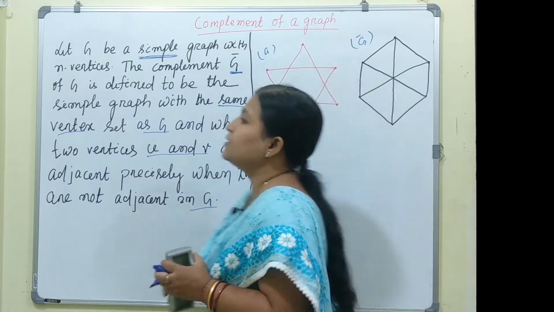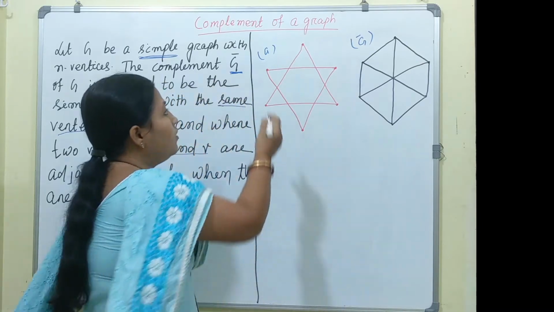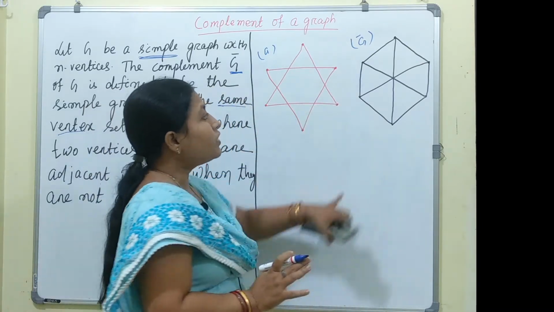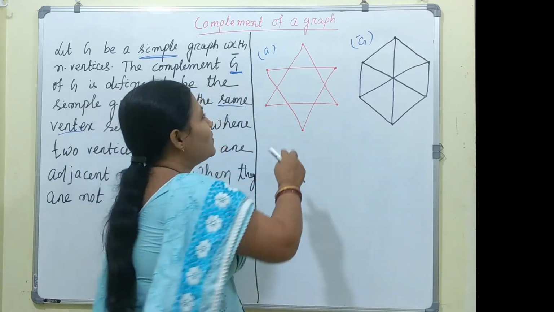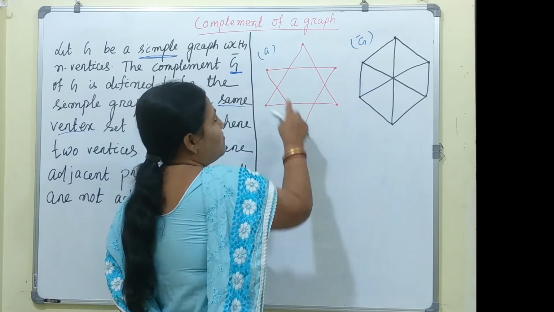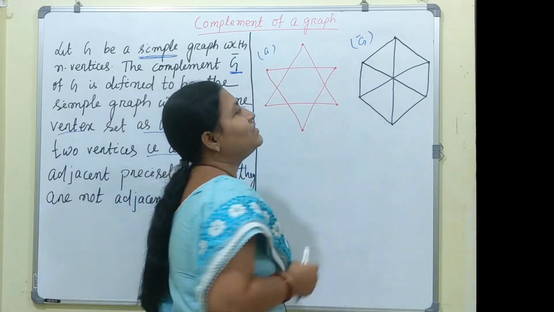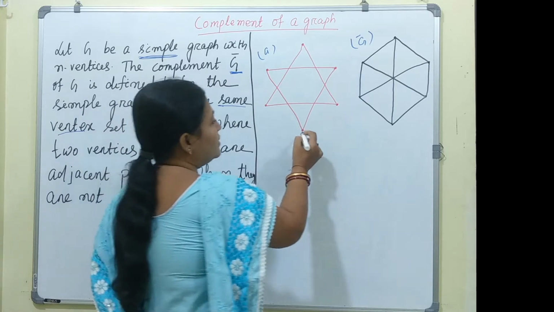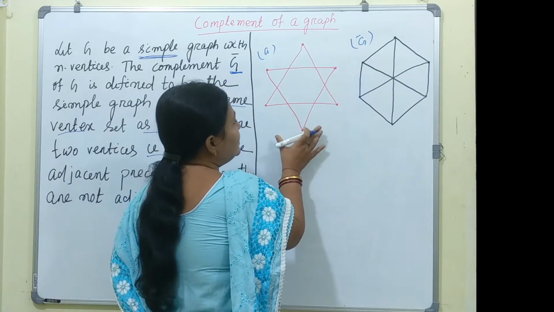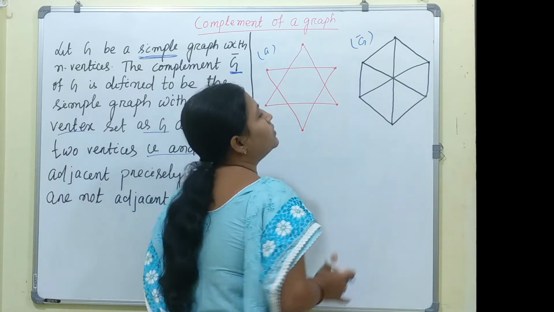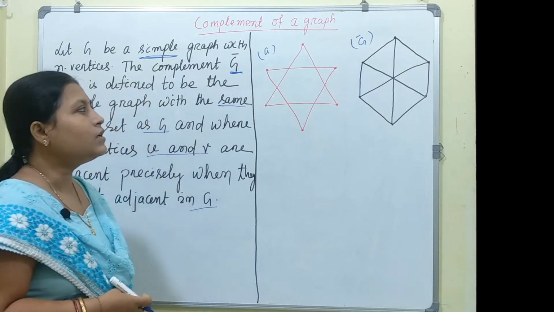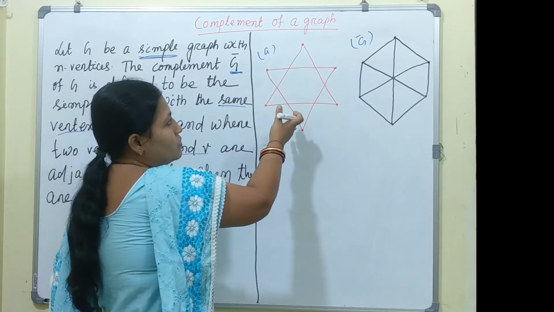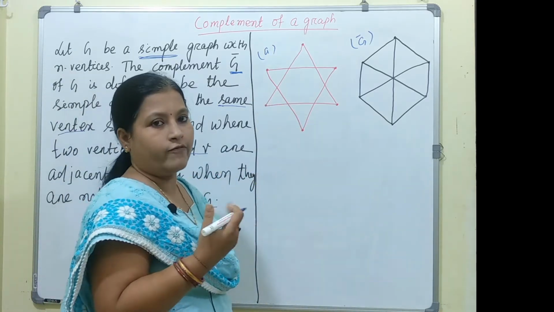Taking this example, look at these two graphs. This graph is named G and this is G bar. So this is a complement. G is the complement of G bar. So how to draw the complement of a graph?